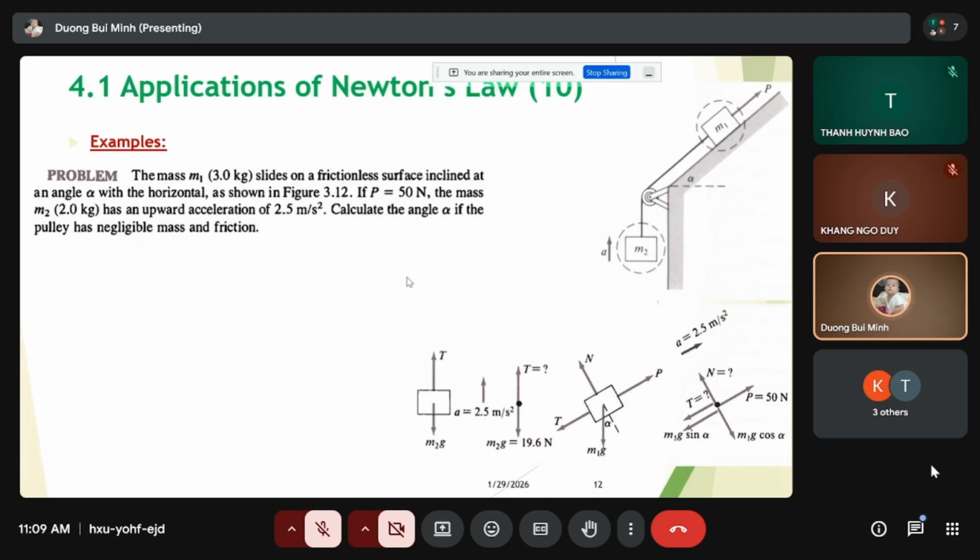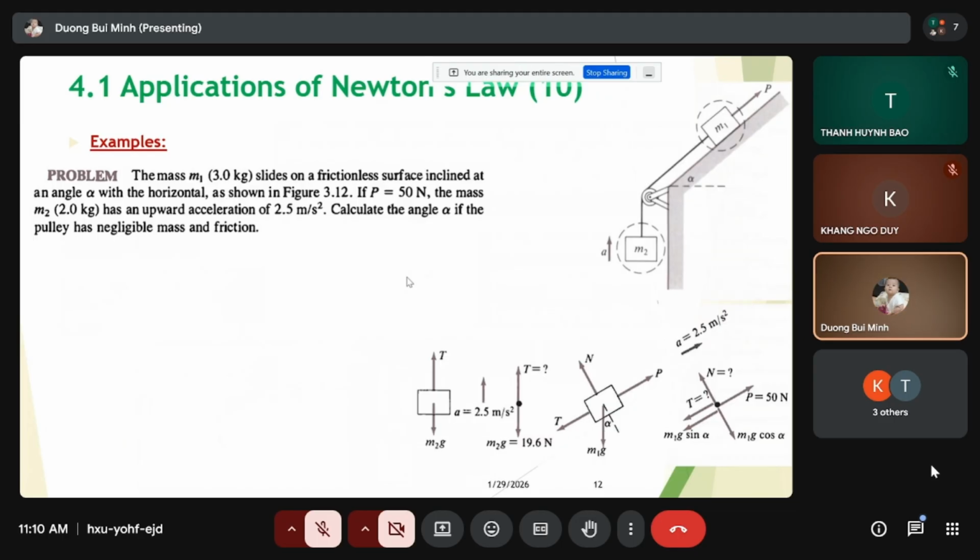We calculate the angle answer. If the pulley has negligible mass and friction, we calculate the answer. Here we have an external force.